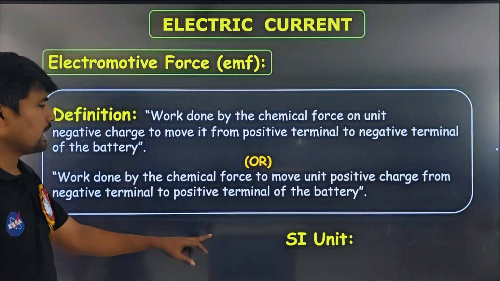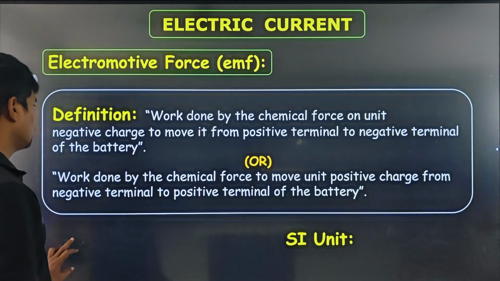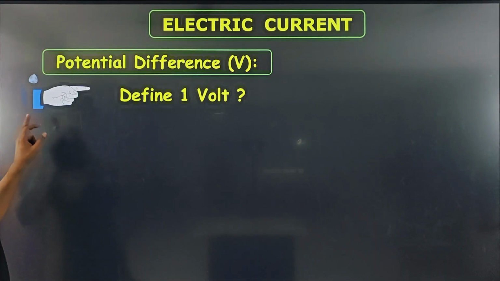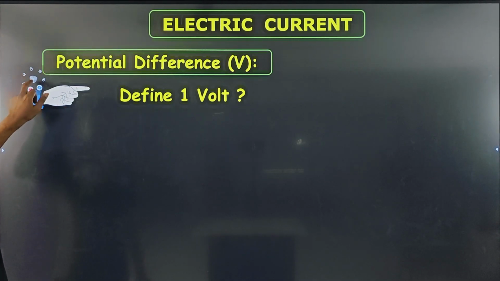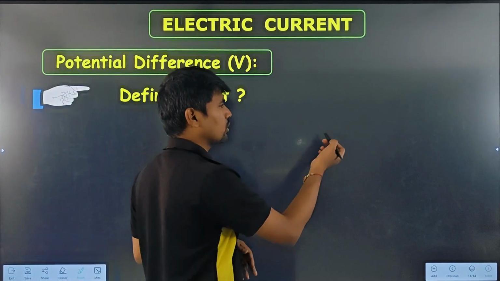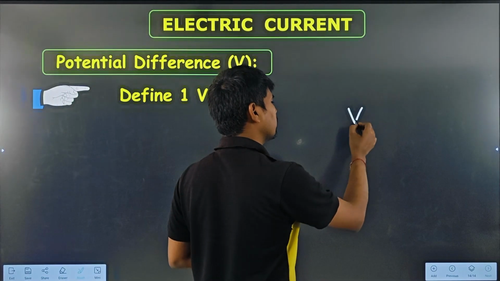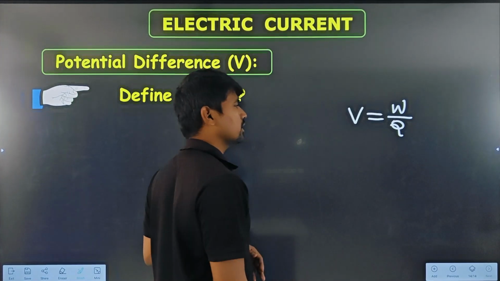Next, the SI unit of EMF is also volt, students. So what is meant by 1 volt? Whenever you get 1 volt, simply write the voltage formula, V equals W by Q. Already we have done this.